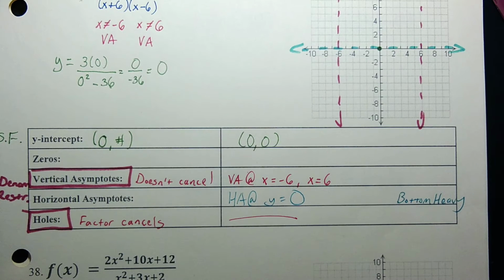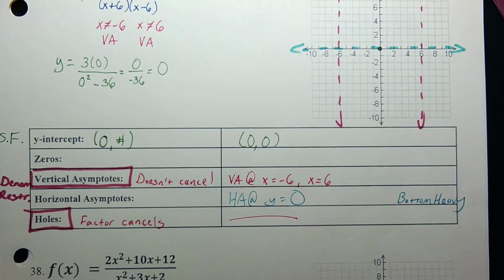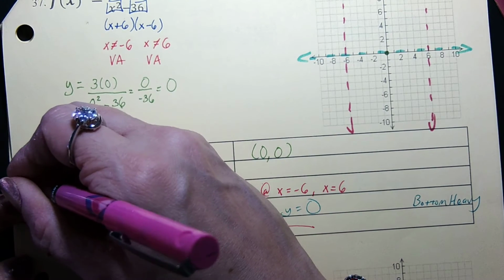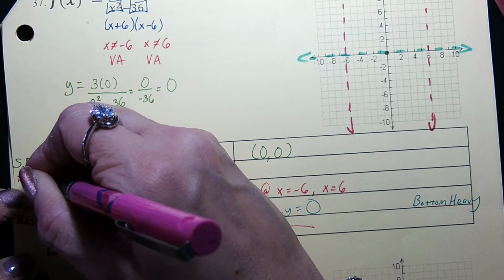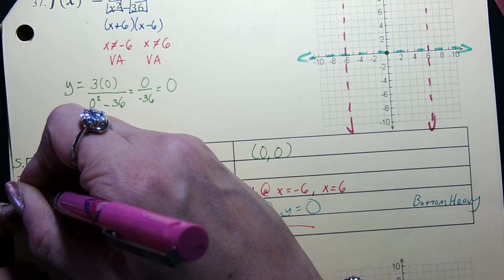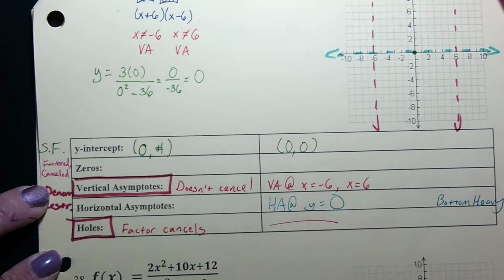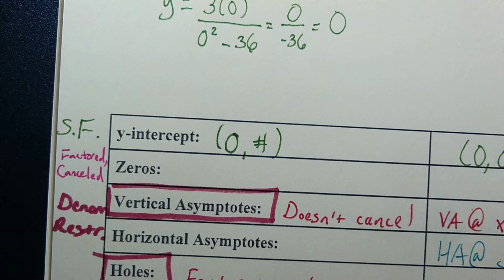All right, folks, 0, 0 is the y-intercept. It's also going to be one of our x-intercepts, but just in case there's more, we do need to solve for them. For the zeros, we want to make sure we are using factored form and the canceled form if that applies. We didn't have any cancellation of the factors here, but make sure your x-intercepts don't violate any of those restrictions on x.